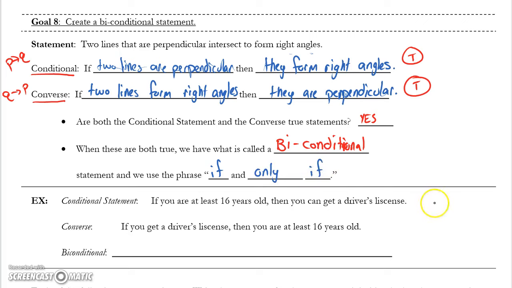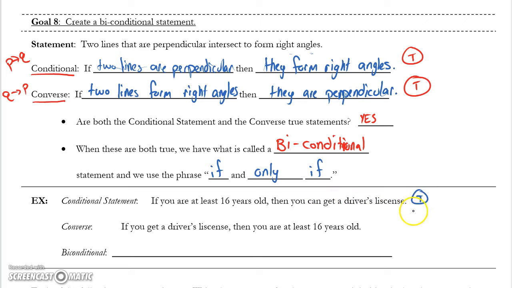Essentially, we have a definition. A definition would have to have both of these ideas. Okay? So we can rewrite this into what we call a biconditional statement using the words if and only if. Example: if you are at least 16 years old, then you can get a driver's license. That's a true statement.